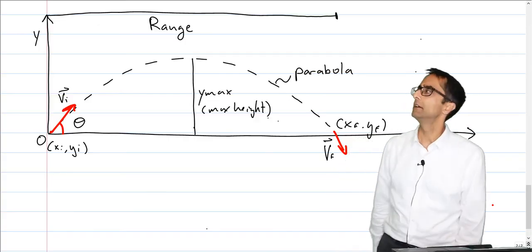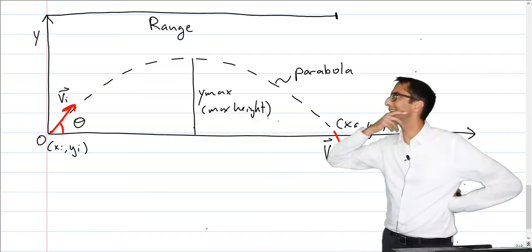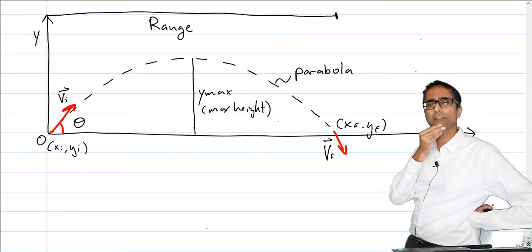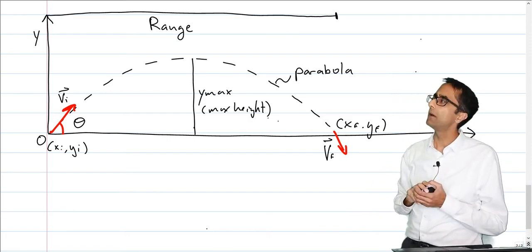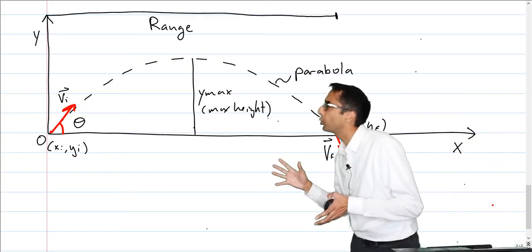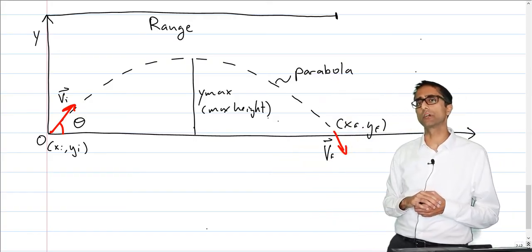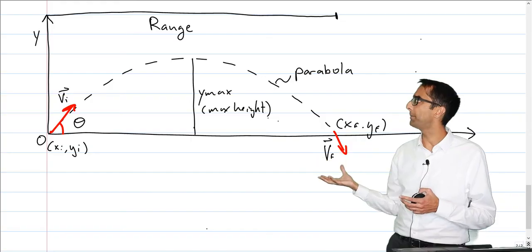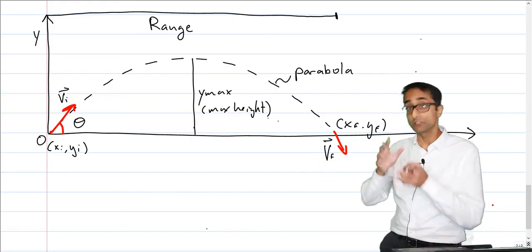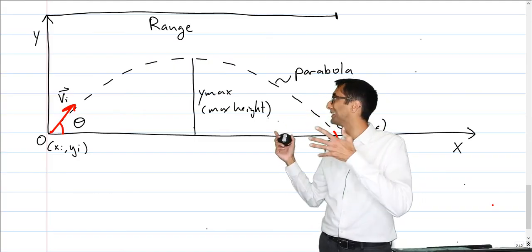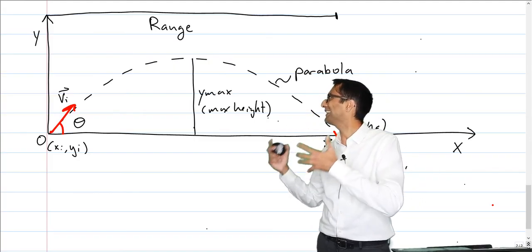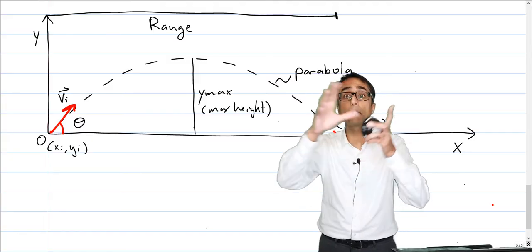But now what I've started to see, what's made this picture very useful for me, is that I'm starting to see how the x and the y component are related to each other. It's the x and the y component that go together simultaneously for us to actually see the projectile motion, to see the parabola.